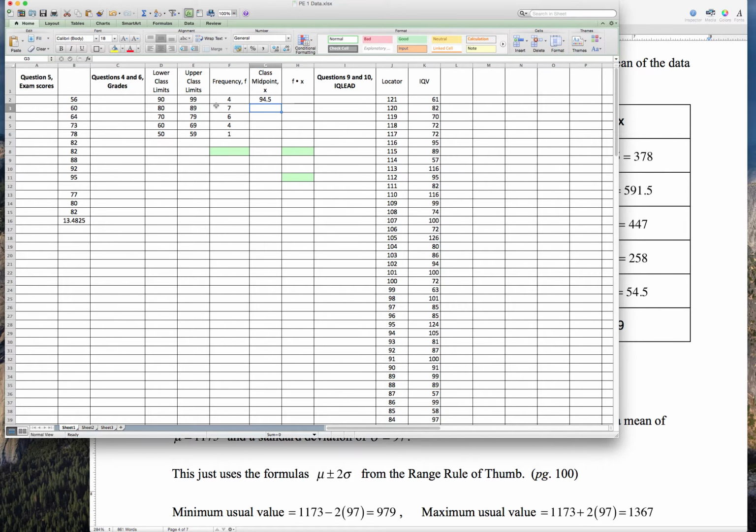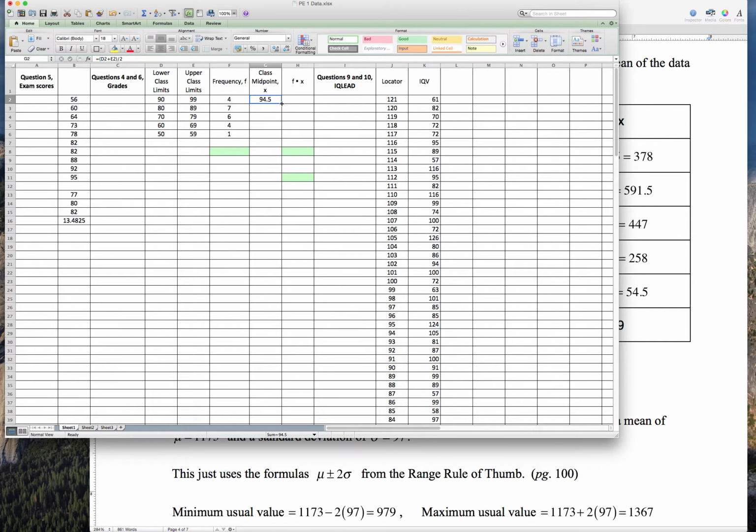Now I want to do this for all of these pairs. The quickest, most efficient way to do that is to go back up to this cell, and we get the little square in the lower right corner. It's green for us in the classroom. It's blue on my computer, because I guess Apple has to be different.